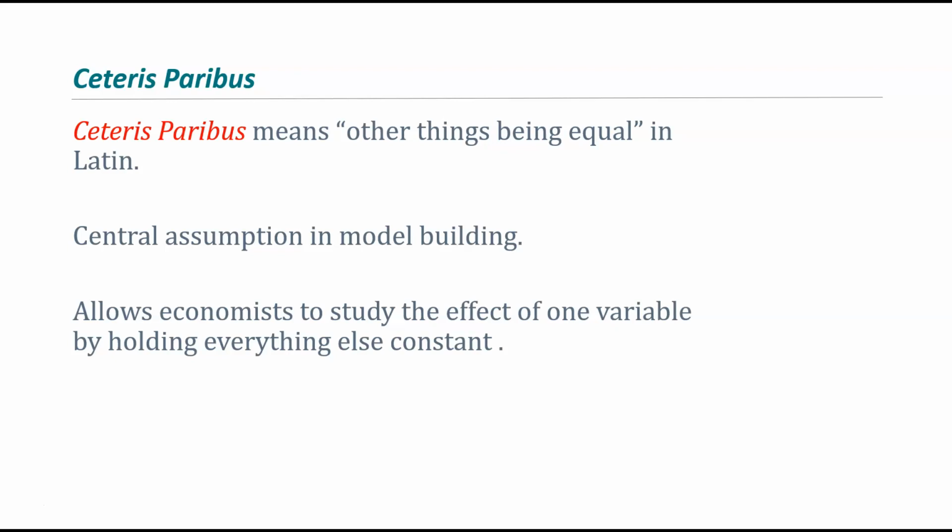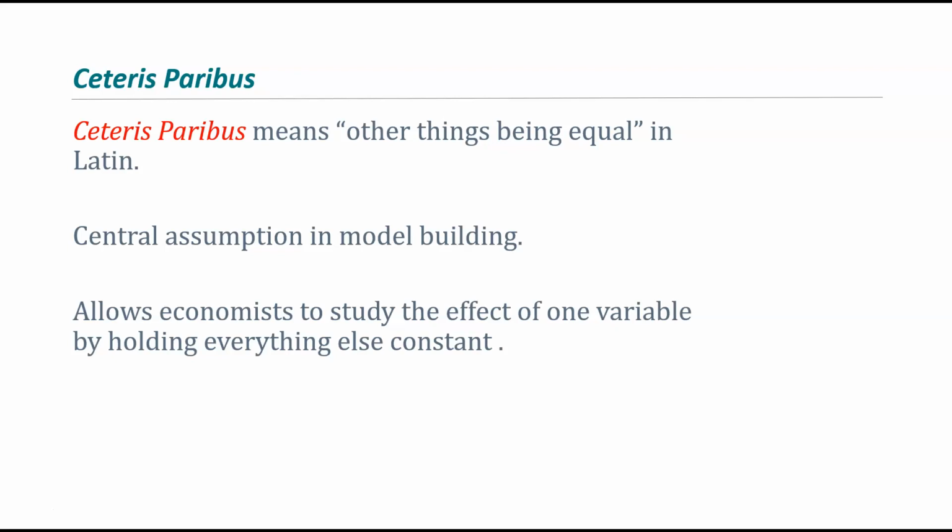So if we go back to our model about hybrid vehicles, and you want to know if it's true that when gas prices go up, people buy more hybrid vehicles, right? In order to study that relationship, you need to be able to assume that other things stay constant. Because what if gas prices go up, but also there's a hurricane?